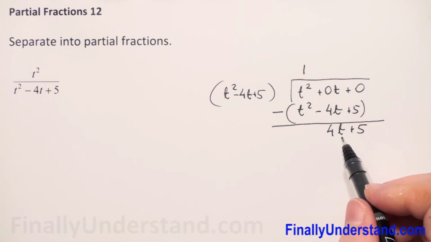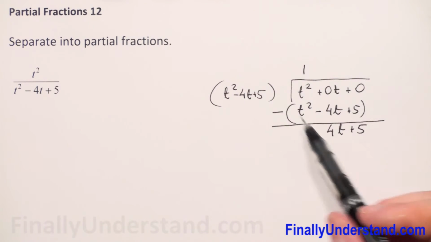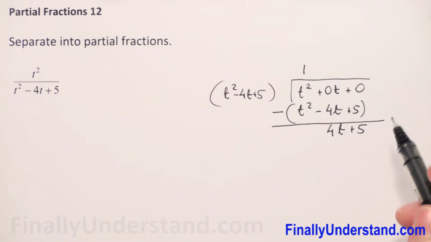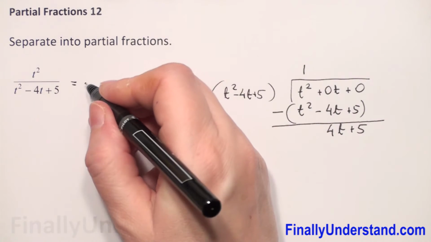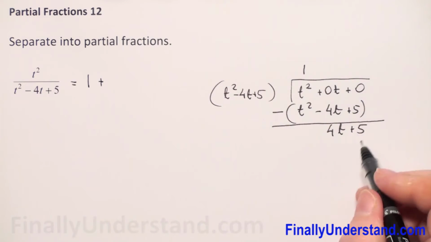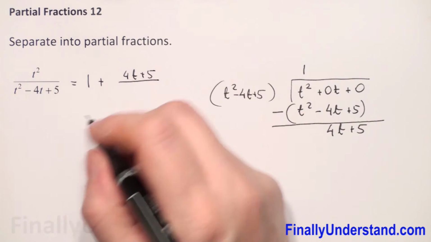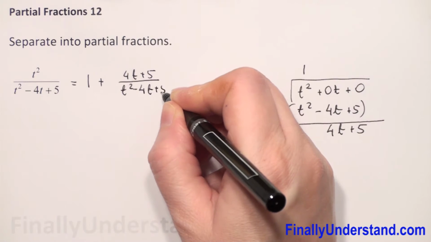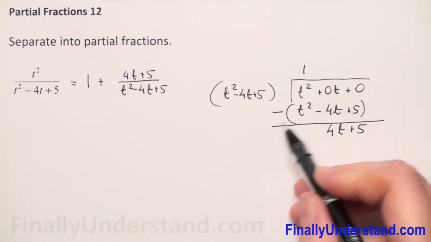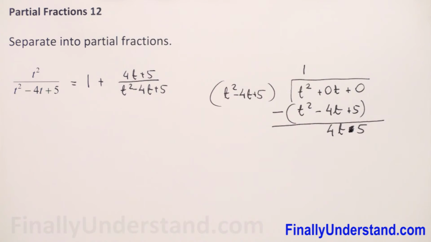So when the power of our remainder is less than the power of our divisor, we cannot do any more long division. We have to copy whatever we got on the top, which is 1 plus, and now we have to copy our remainder 4t minus 5 over our divisor t squared minus 4t plus 5. Of course, we have 0 minus 5, so here I should have negative 5. The same will be here.